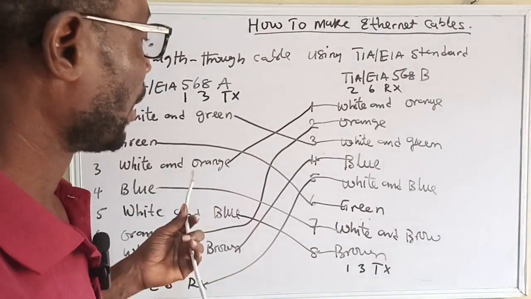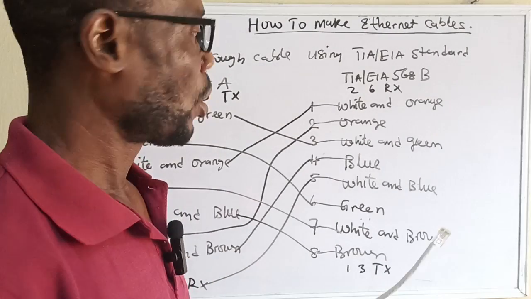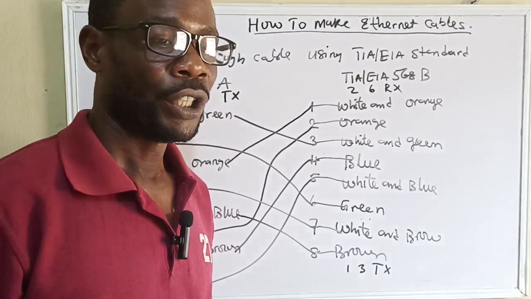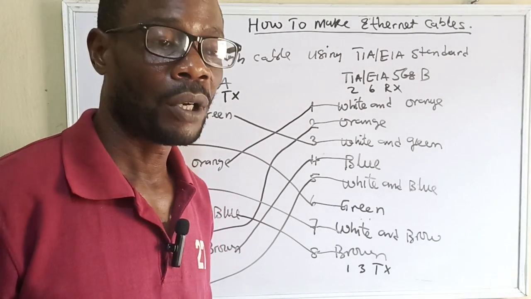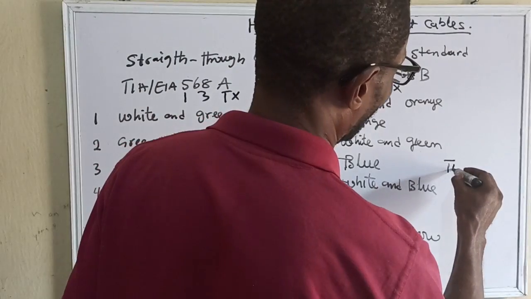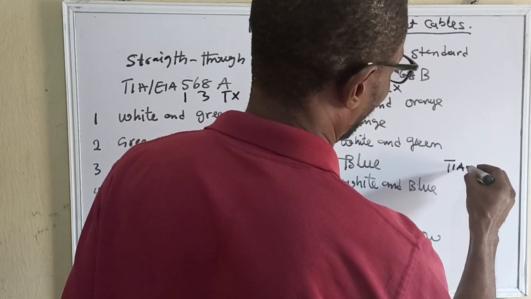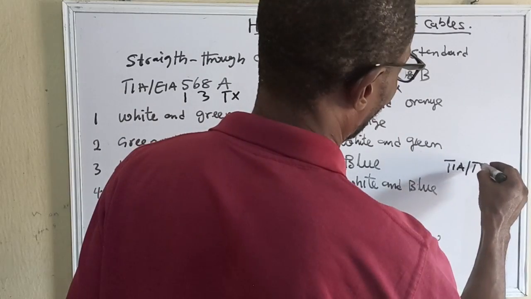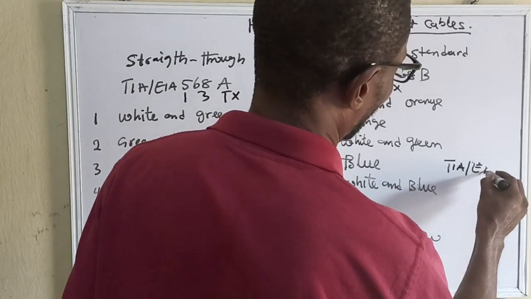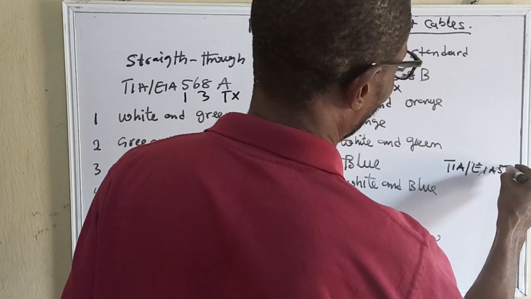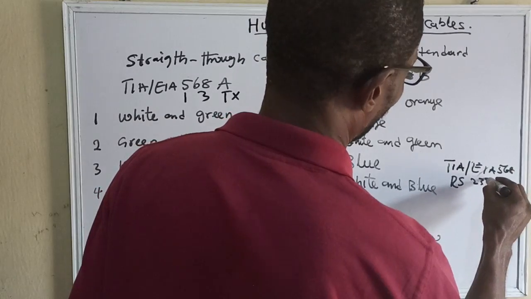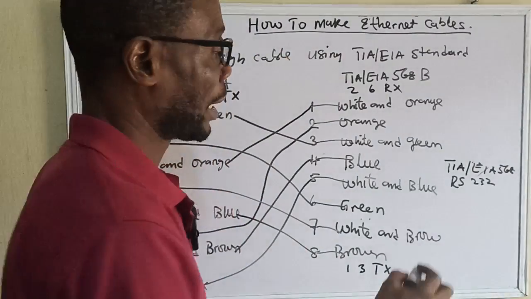So this is it, and there's another cable called a rollover cable. A rollover cable is actually for configuration. You plug it at the back of the computer, using RS232 at the back of the computer.